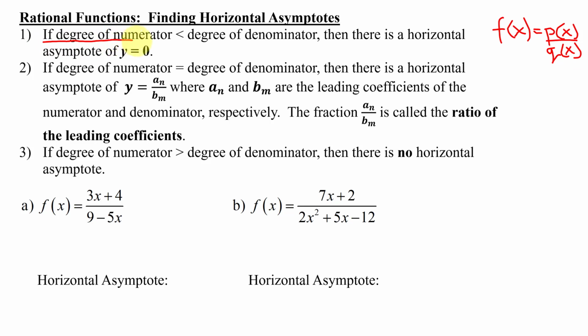So if the degree of the numerator is less than the degree of the denominator, then there is a horizontal asymptote, and it will always have the equation y equals 0.